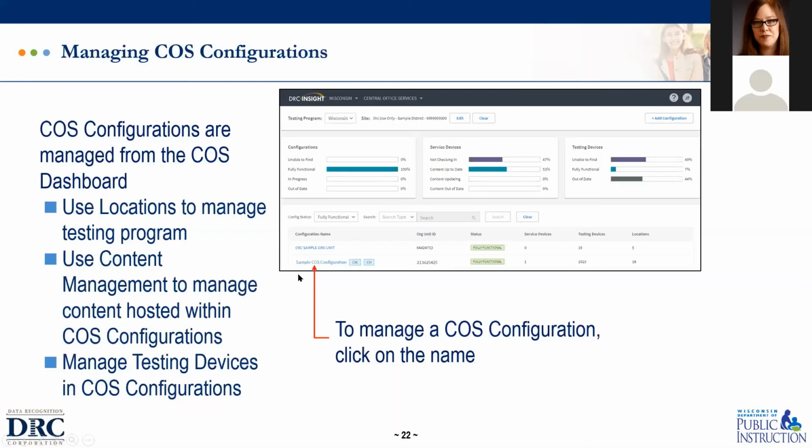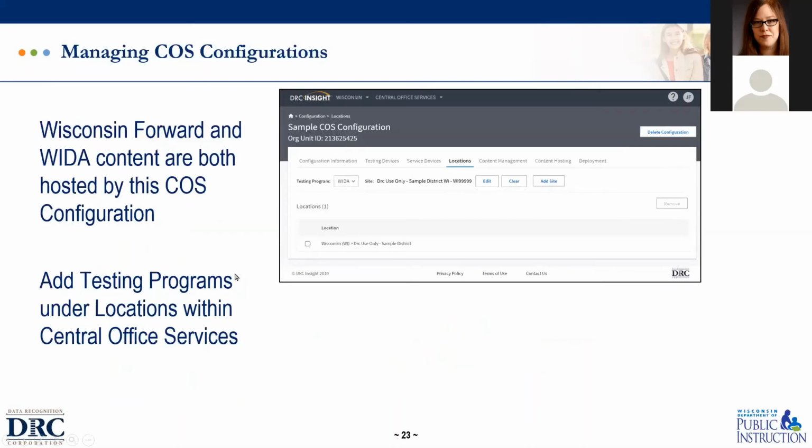So again, to access the COS configuration, same way as before. The name is a link. You click on the name, and it will open up the page that has the different tabs on it for navigating through the Central Office Services COS configuration management.